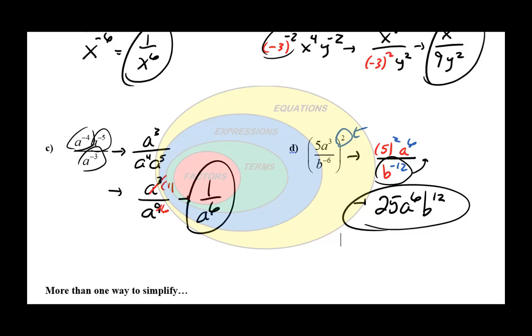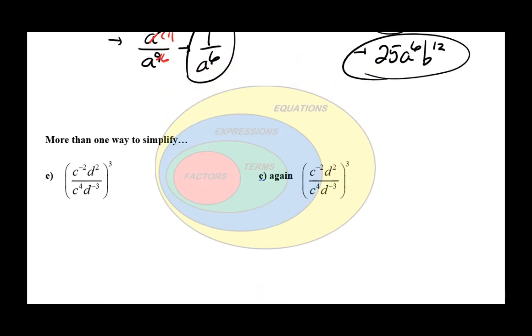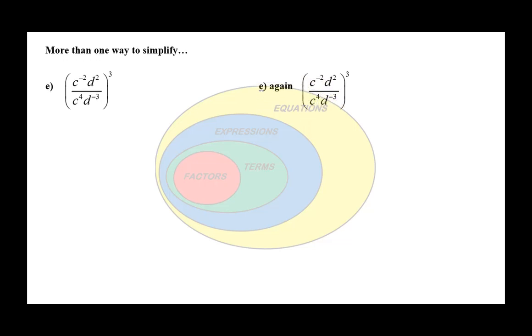All right, so the last two expressions are actually the same, but I wanted to go over how you can simplify two different ways. So if we stick with our strategy, we have this outside exponent. So if we apply that first to every factor on the inside by multiplying exponents, we'll end up with c to the negative 2 becoming c to the negative 6th power.